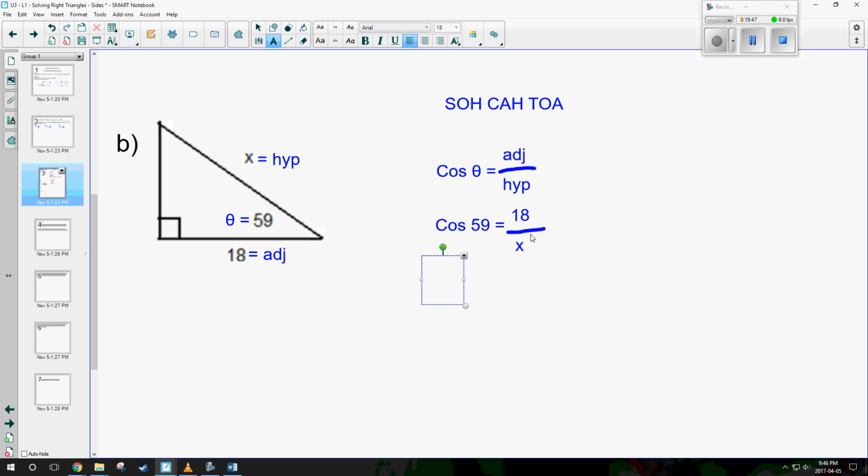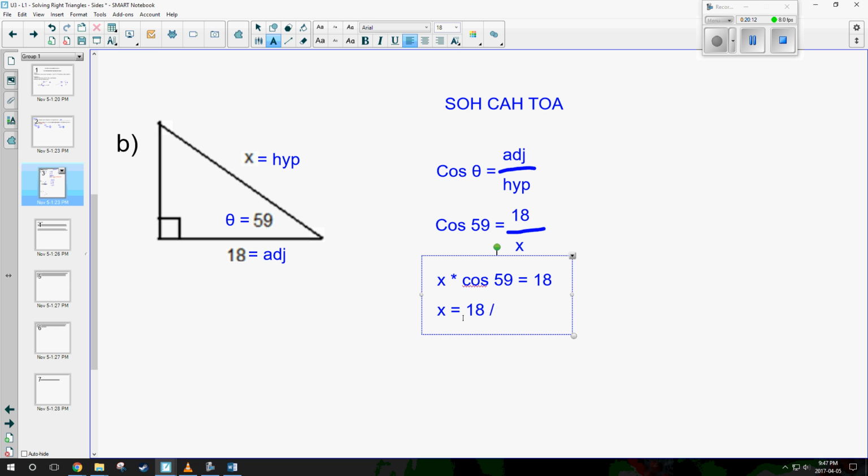Because x is on the bottom, we can't just get rid of the 18, because x would then still be on the bottom of a fraction. So what we have to do is multiply both sides by x, so we'd end up with x multiplied by cos 59 is equal to 18. But then x still isn't by itself. To get x by itself, we then have to divide by cos 59.